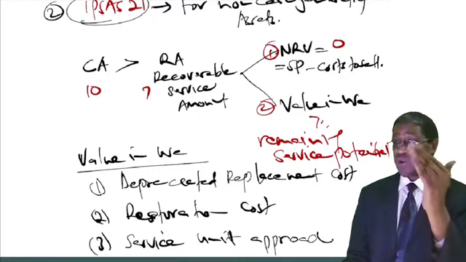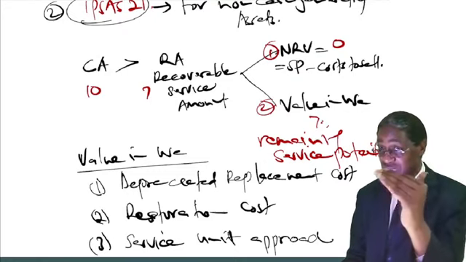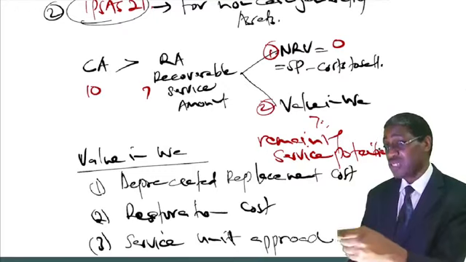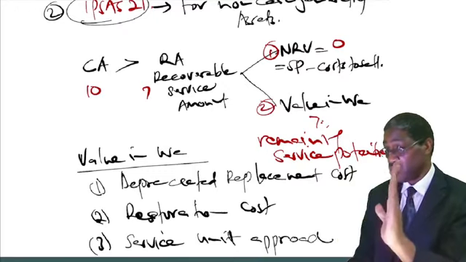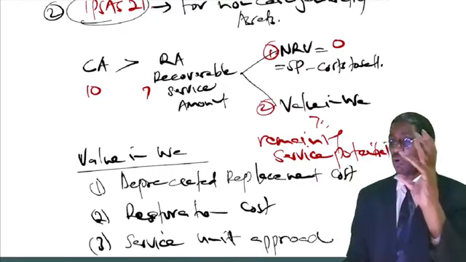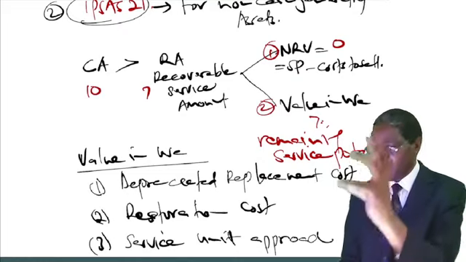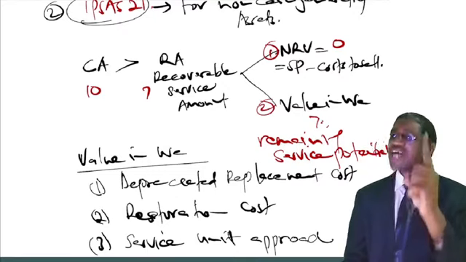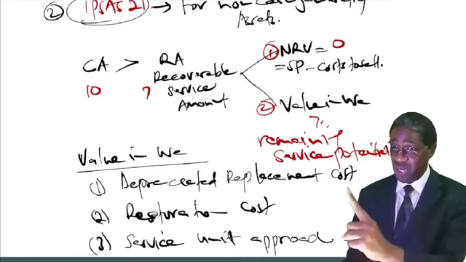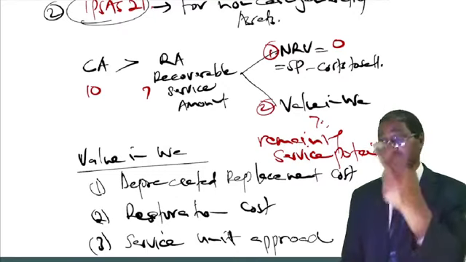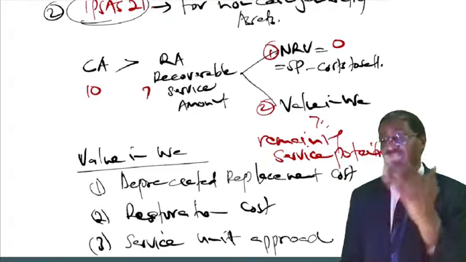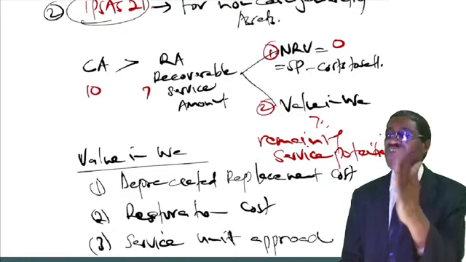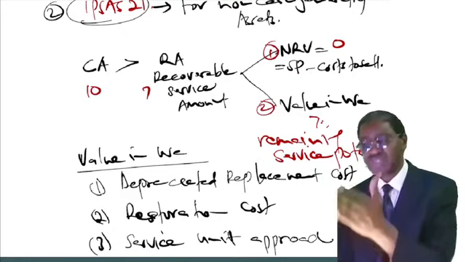If they tell you as per IPSAS 26, cash generating assets, then you don't say service potential. You say the present value of the estimated future cash flows. If they tell you to define the value in use as per IPSAS 21 for non-cash generating assets, then you say it is the present value of the remaining service potential.